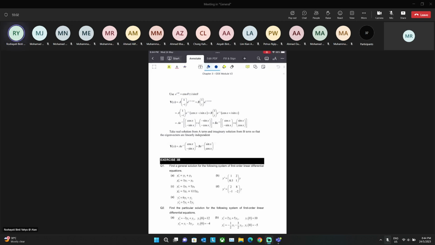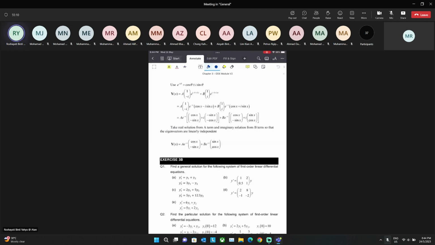Correct already. So how to choose? For real, take the real solution from the A term and the imaginary from the B term. A and B both have the same real, so that we have just one real part, and then for imaginary I here, you choose the second one.